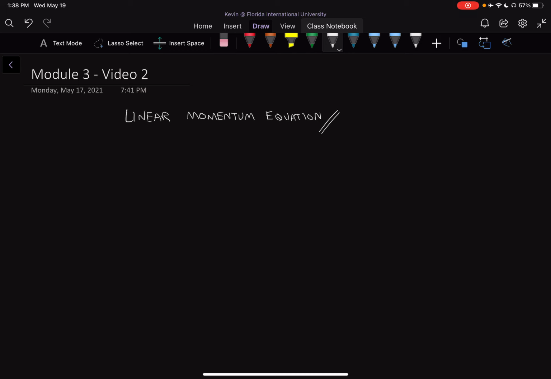So for linear momentum, we're going to say that B is equal to mass times velocity, and that beta, remember, is just the term dB over dm, which in our case is going to be d(mv) over dm, which we can simplify as just the velocity, because the dm's cancel and we're left with just velocity.